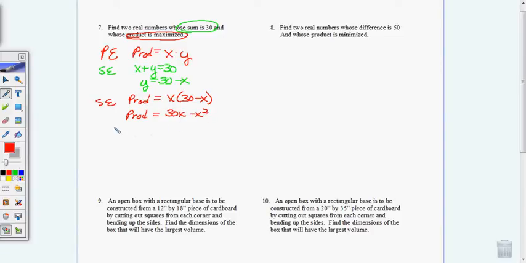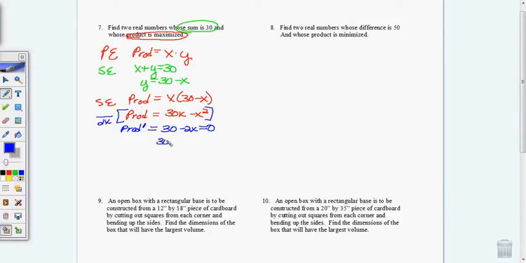I come up with the equation 30x minus x squared, and now I will take the derivative of this problem with respect to x, since I put everything in there, and I'm going to have my product prime equal 30 minus 2x. What you need to remember is that we're maximizing, we set this thing equal to 0.